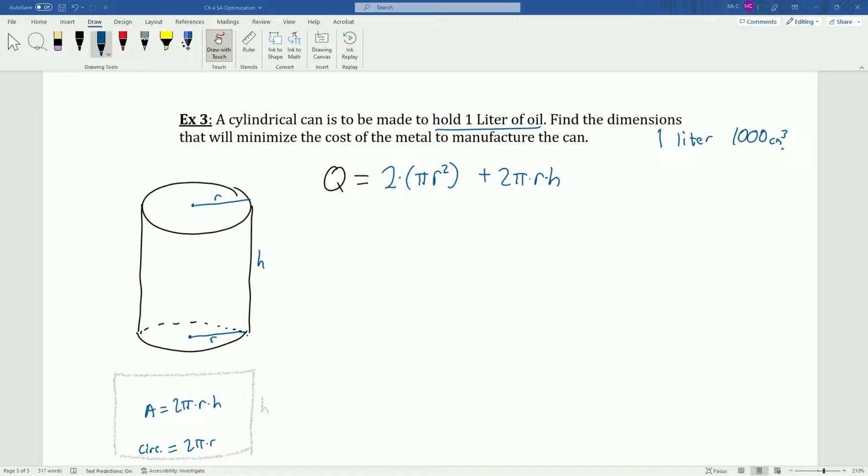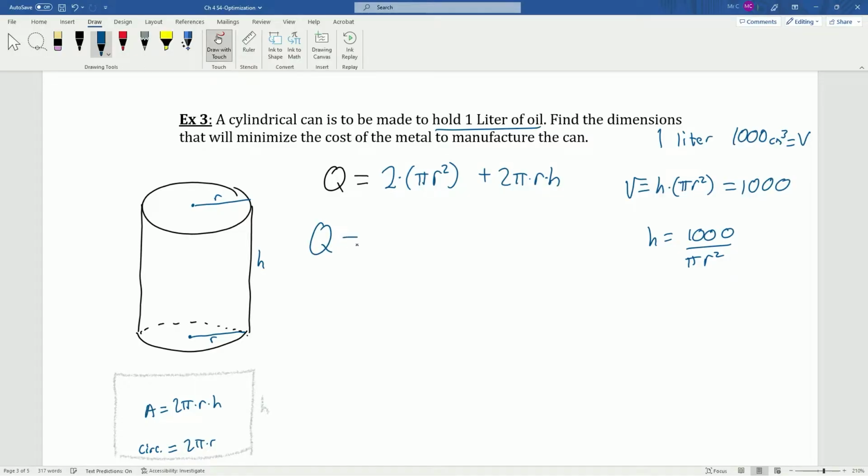So 1,000 centimeters cubed is our volume. And what would the volume be? Well, that's the height times the area of the base. So that's the height times pi r squared, and this needs to be equal to 1,000. So we need to do a substitution from our constraint into our quantity. So we get h equals 1,000 divided by pi r squared, and we'll plug that right in.